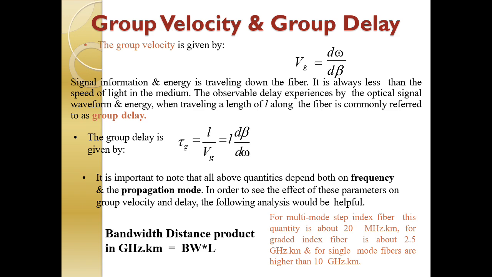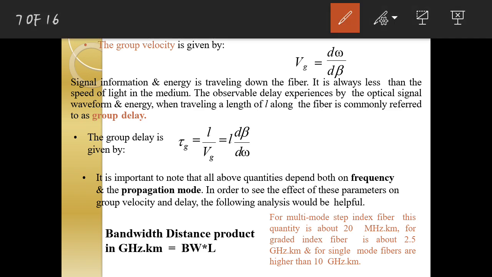The second parameter to be calculated is group velocity and group delay. Group velocity is nothing but the differential of your phase velocity. If you differentiate the phase velocity Vp, you will get the group velocity.